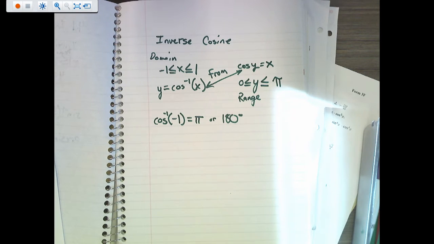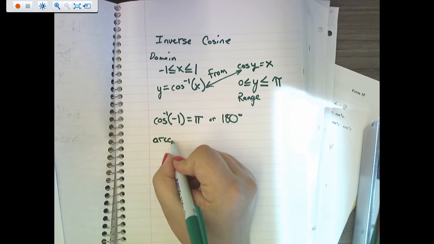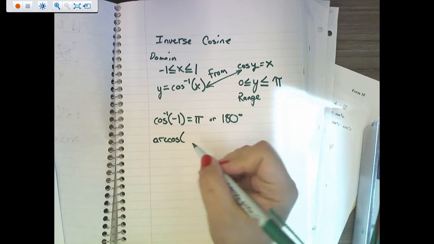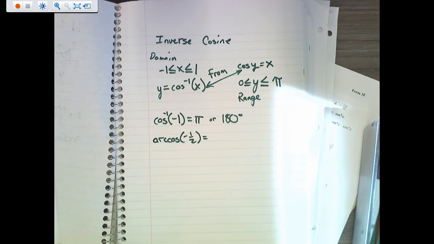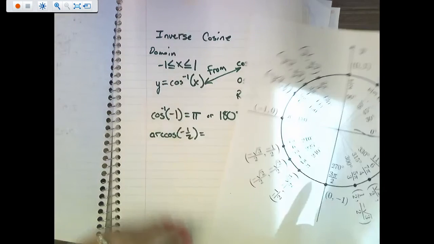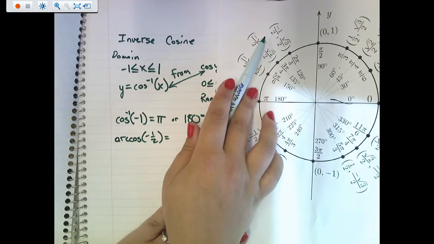The next one, I'll just do a couple of these for you guys. Arc cosine, just another way to write inverse cosine, of -1/2. Remember, cosines are x values. Where do I find a -1/2 on my unit circle? I have a -1/2 right there from 0 to pi.